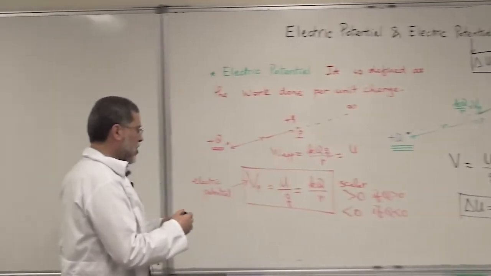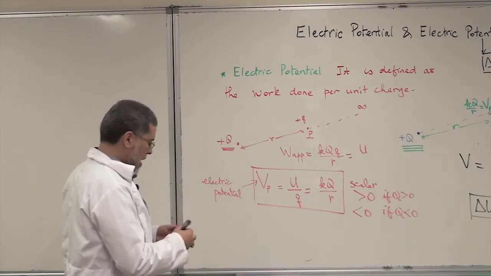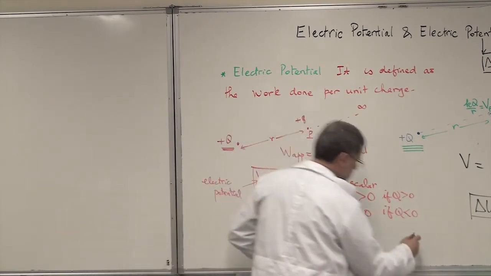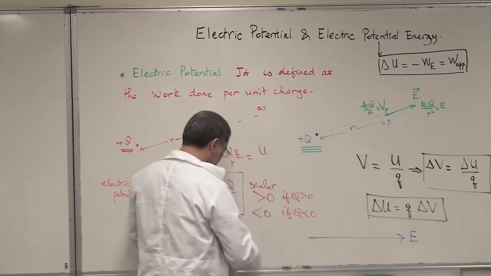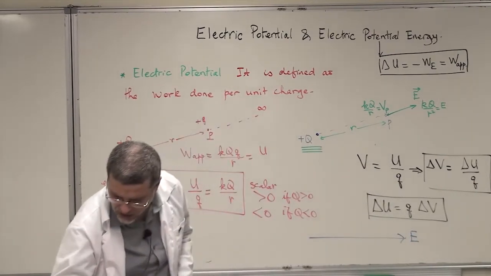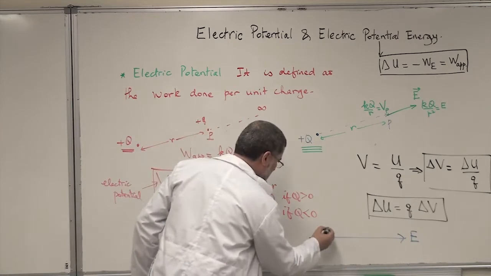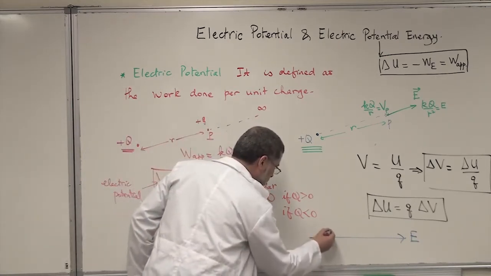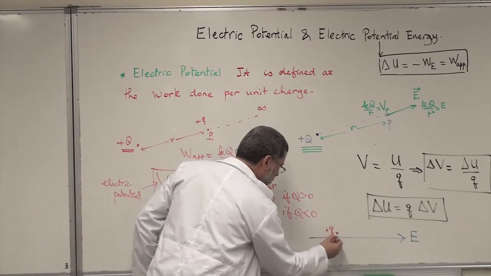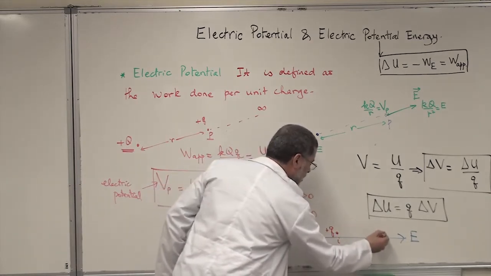So the charge q, I can do something like this. Imagine you have an electric field here, and my electric charge is moving. There's a small q, a positive charge here, moving from this initial position to the final position.